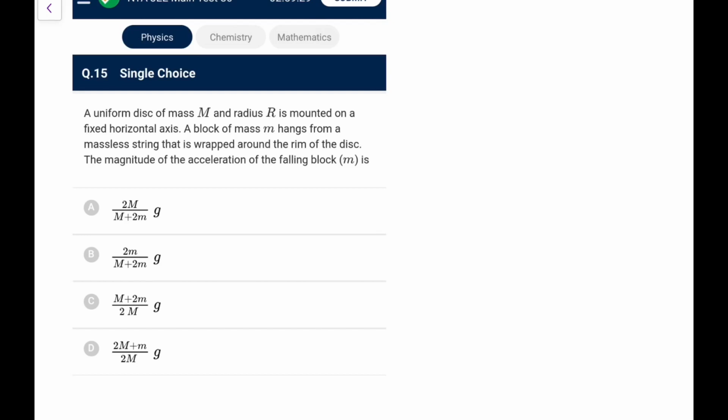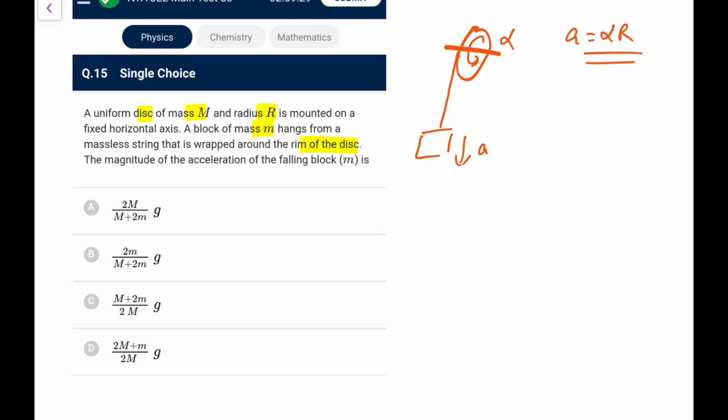Next, we have a disc of mass m, radius r, mounted on a fixed horizontal axis. A block of mass m hangs from a massless string that is wrapped around the rim. The magnitude of acceleration is? It's a standard one. This is the disc and this is the block that goes. If it goes with acceleration a, this point's acceleration will also be a. So if I write alpha, we can have a equal to alpha r. That is the constraint relation.